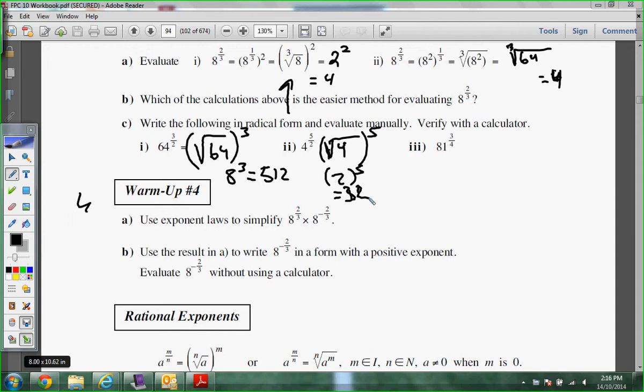Okay, and this one, 4th root of 81, and then we're going to cube that. So what's the 4th root of 81? 3. 3 cubed, 27.